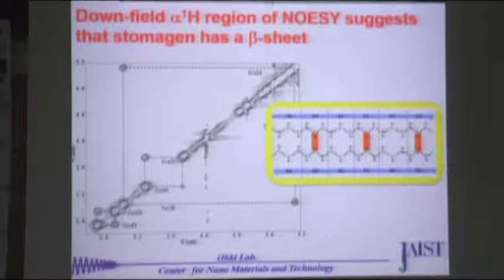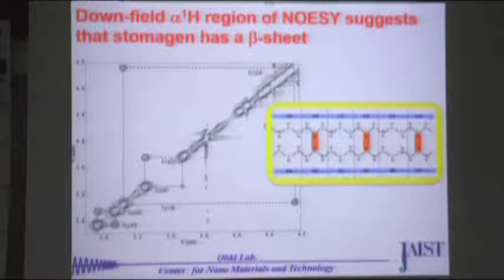In this beta sheet, we see very close proton-proton pairs here, here, and here. Here is the 24 alpha proton, and here is the 39 alpha proton. Let's take a look at the NOESY spectrum. So 24 is here in the diagonal peak, and 39 is here. So we see nice NOE peaks here and here.